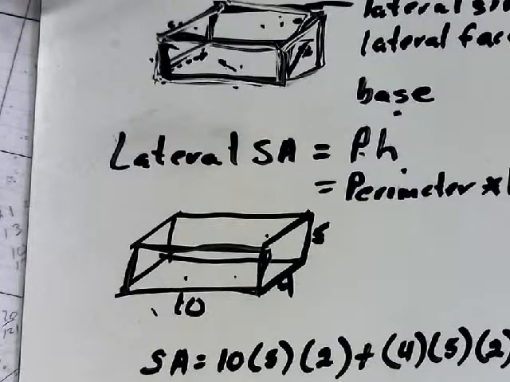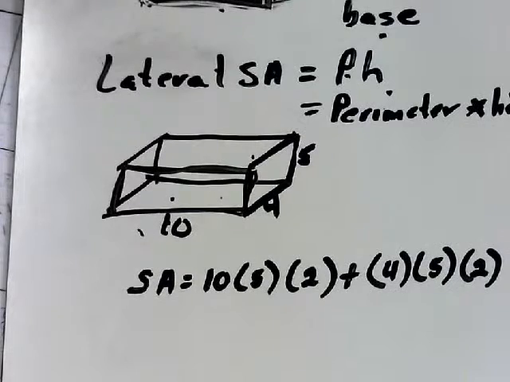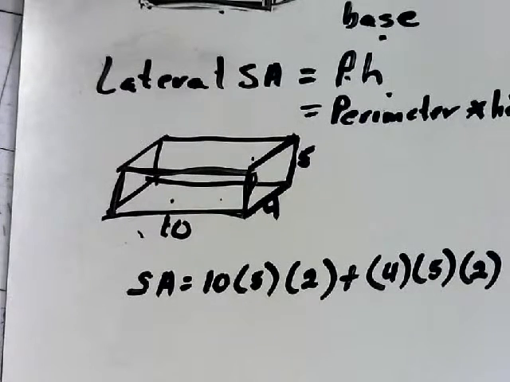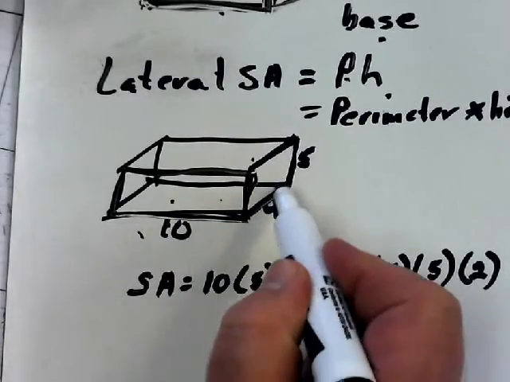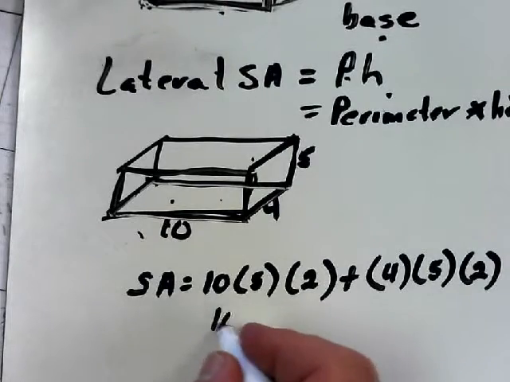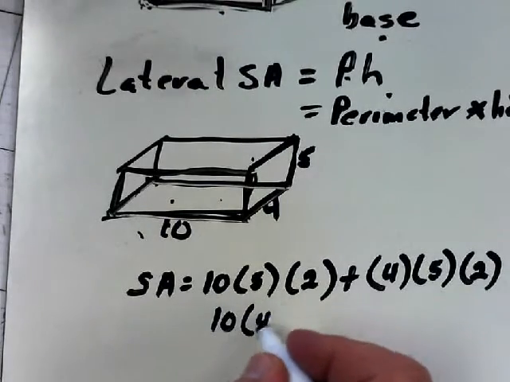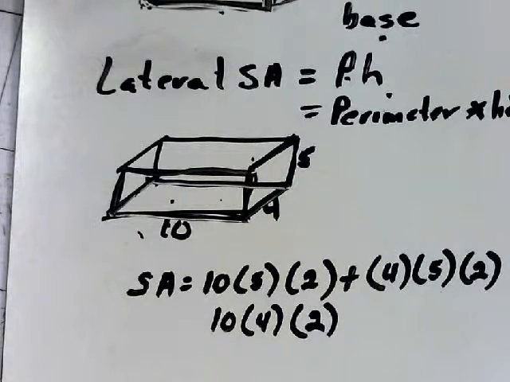We know that, but you know where to get it. What else do I need to find? Base. Which would be this one down here. Yep. So that would be 10 times 4, and in this particular diagram I have 2 of them. Okay, so why are we putting 2?